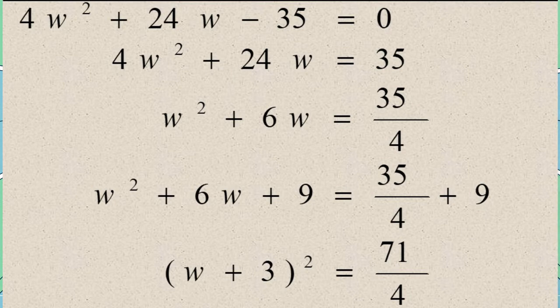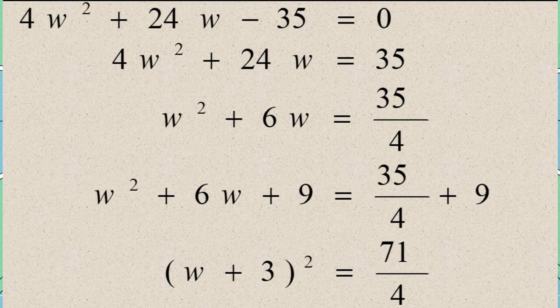So we make the value of A equal to 1. That is only possible if we divide both sides by 4. The equation becomes W squared plus 6W equals 35/4. Completing the square on the left member, we add 9 to both sides.